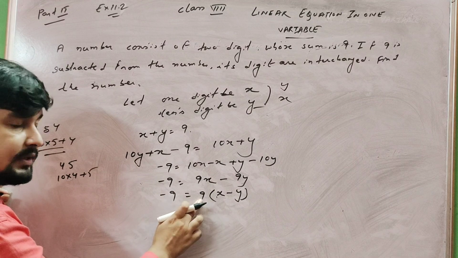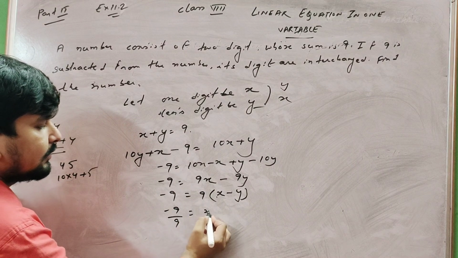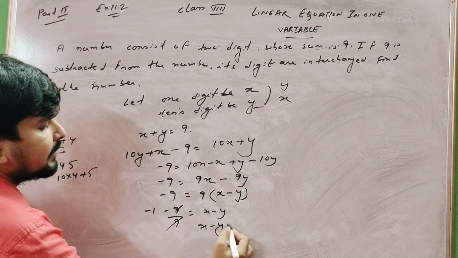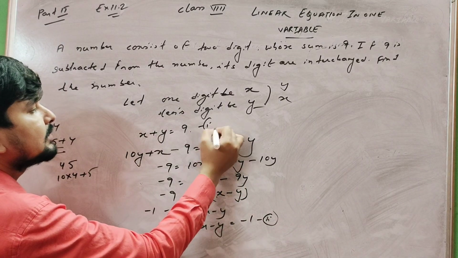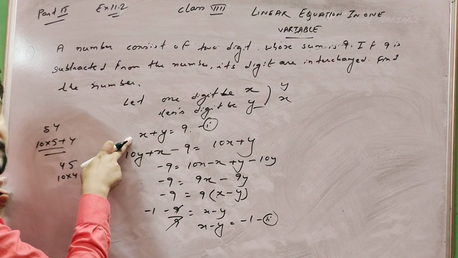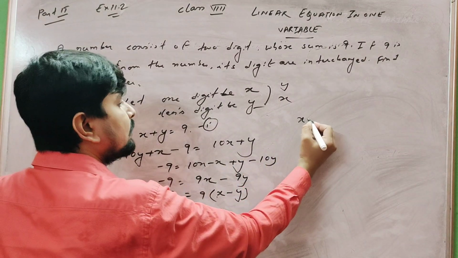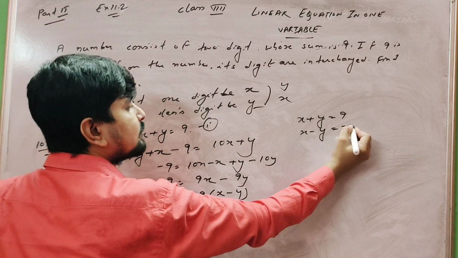So minus 9 by 9 equals x minus y, which is minus 1. So x minus y equals minus 1. This is your equation 2 and this is your equation 1. First equation is x plus y equals 9 and second equation is x minus y equals minus 1.